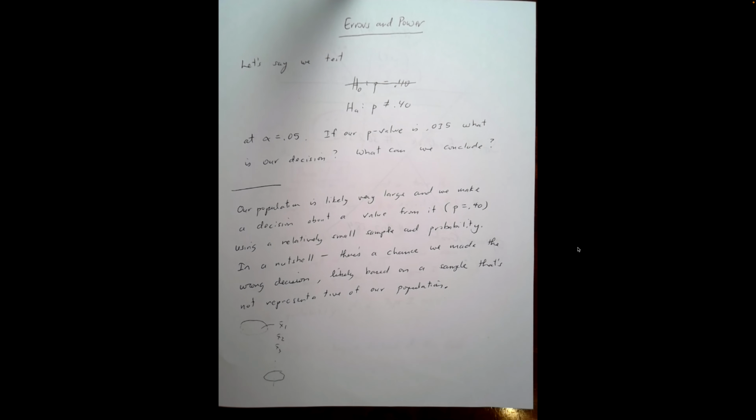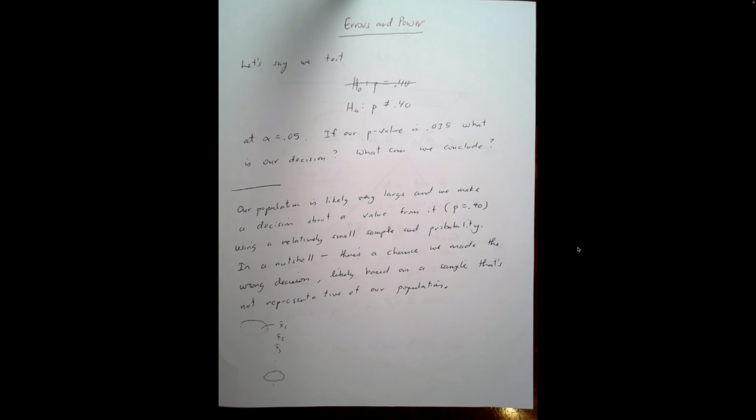So we are making a decision on a value from our population using a very small sample and probability. So in a nutshell, there's a chance that we made a wrong decision. I mean, it's not likely, but it's possible that our decision was based on a sample that's not representative of our population.